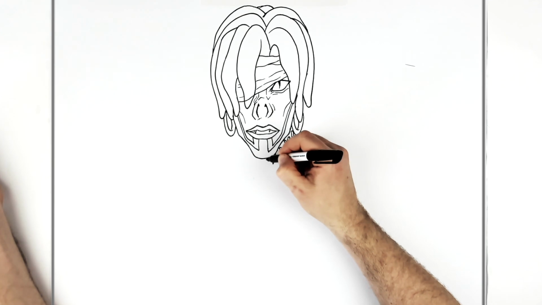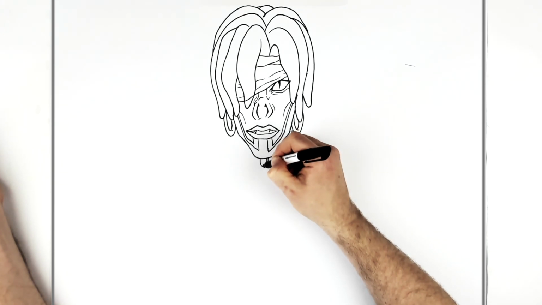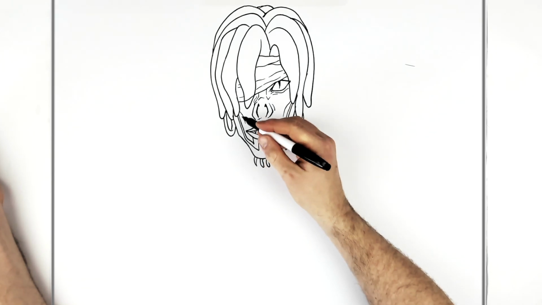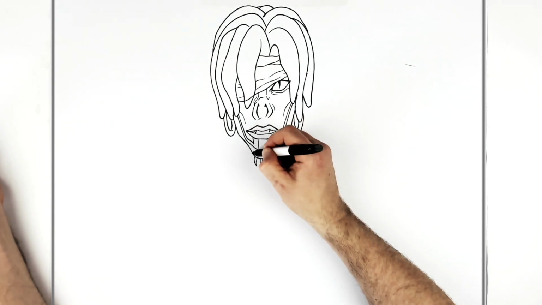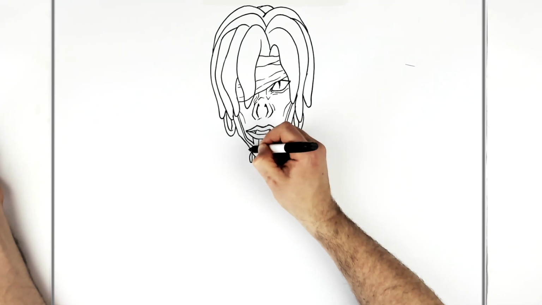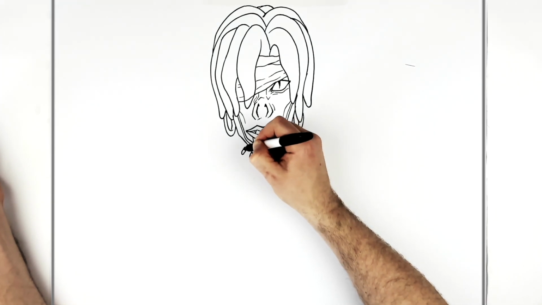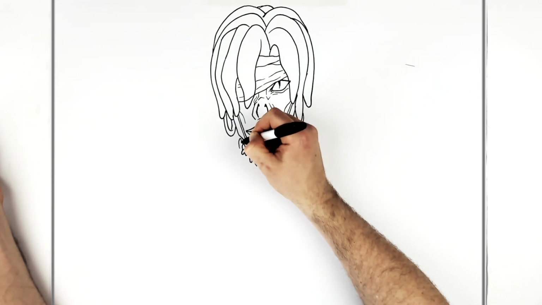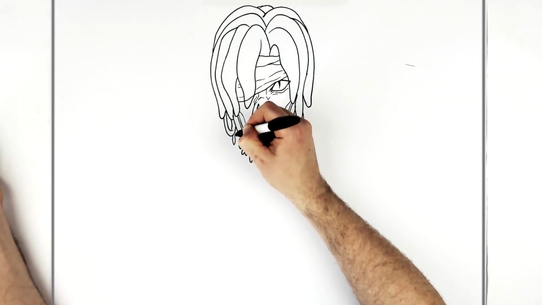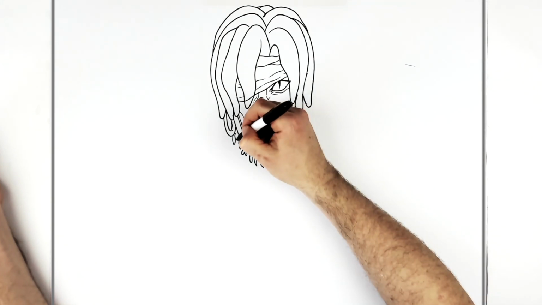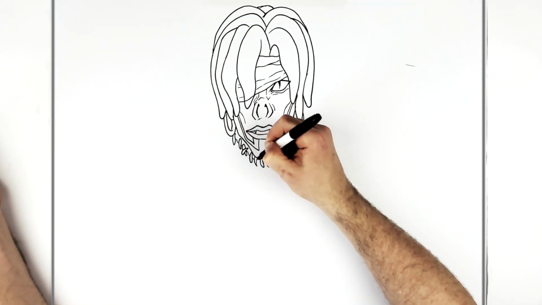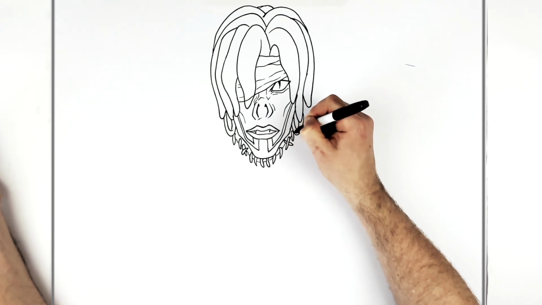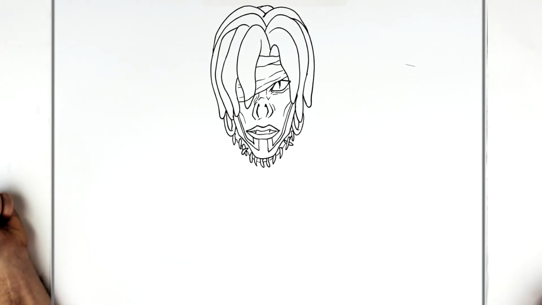It's kind of like his stitching. I might put another X on this side, just to keep things balanced. Okay, and then in between all this, we got like skin line. Okay.